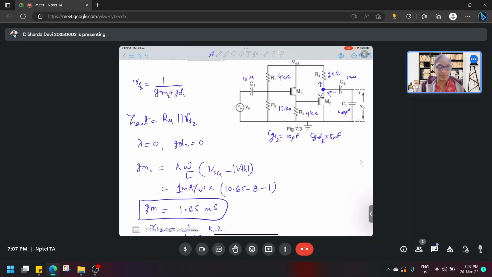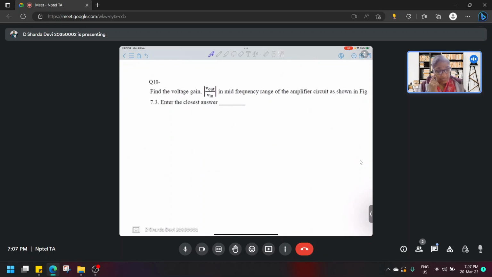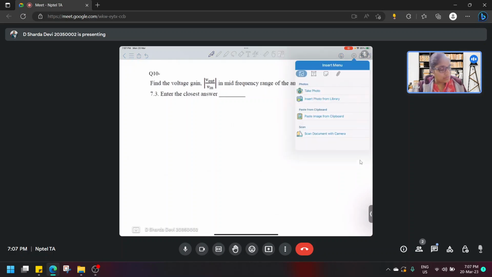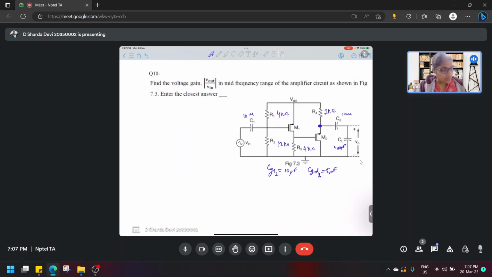This is the value of Z out that we obtain when looking from the second transistor or from the output node. Now we have to find the voltage gain in this problem. So here, first stage is our CS stage. So what is the gain for CS stage? AV1 is simply GM1 into Rout1, right?